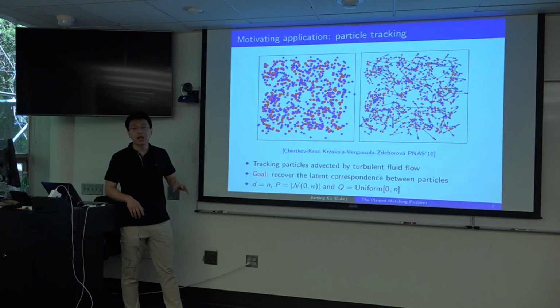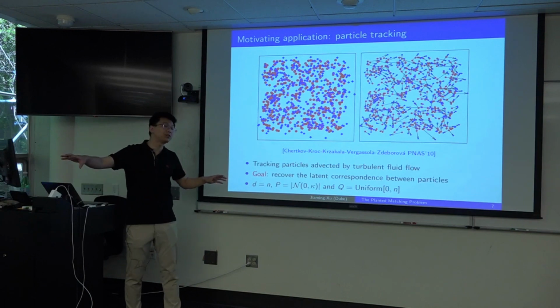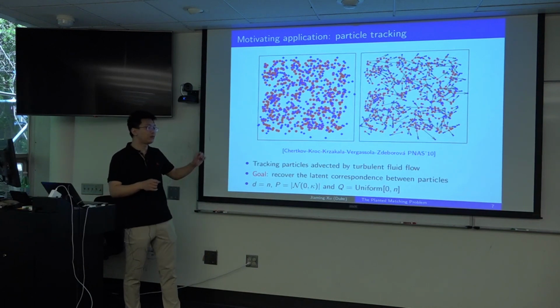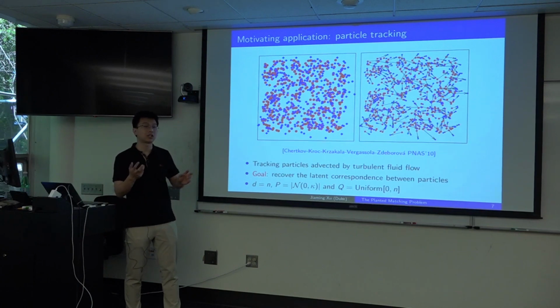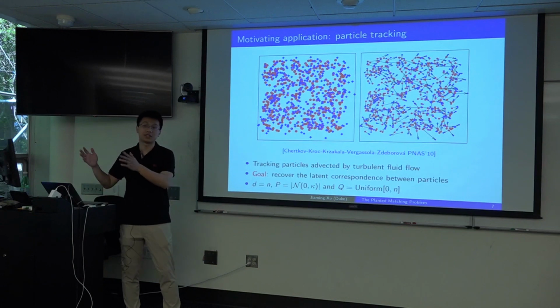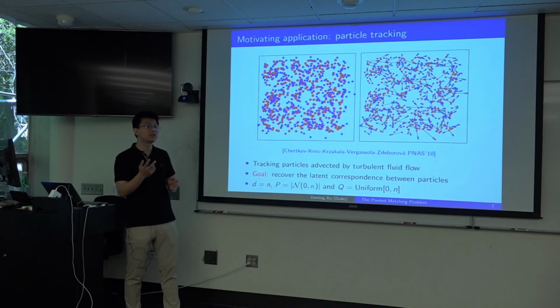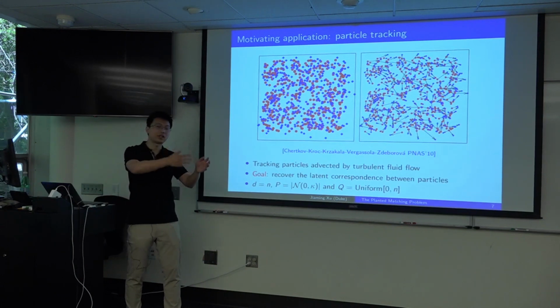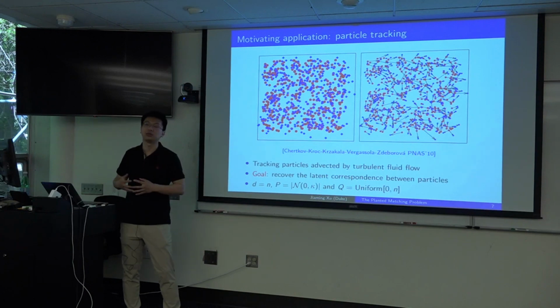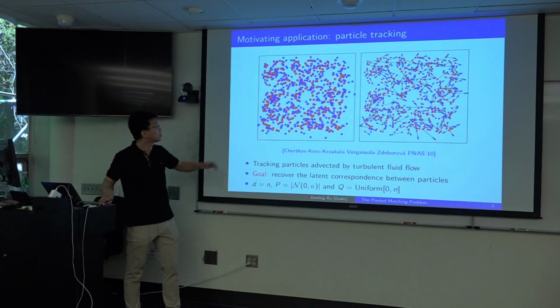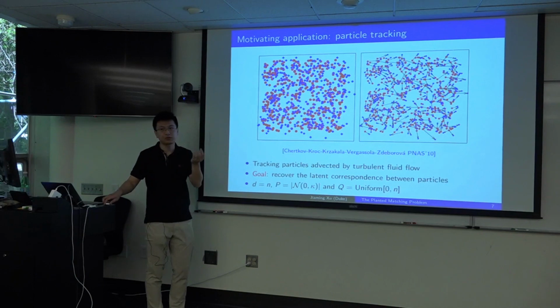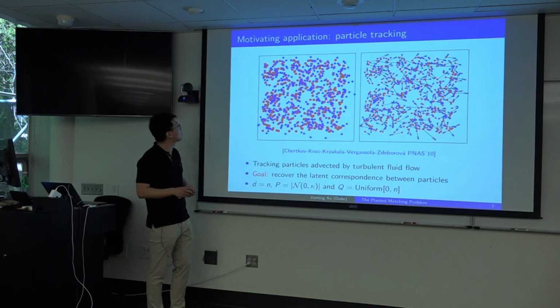Often what they do in practice is take a sequence of video frames. And then for each two consecutive frames, you want to recover the correct correspondence between the particles in the first frame versus the next frame. If you can do this for every two consecutive frames, then you recover the entire movie trajectory. Okay, so this plot shows you these two frames superimposed on each other.